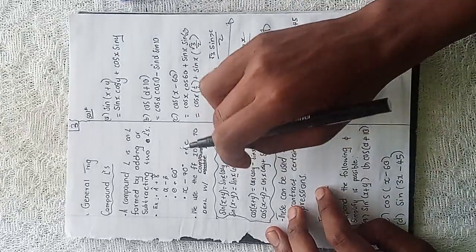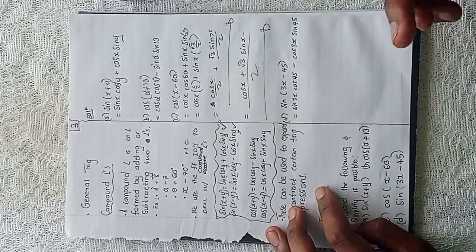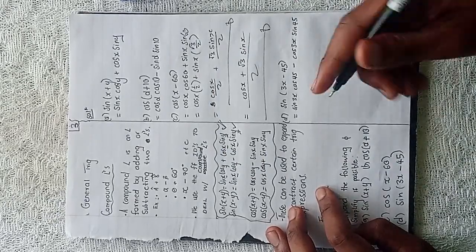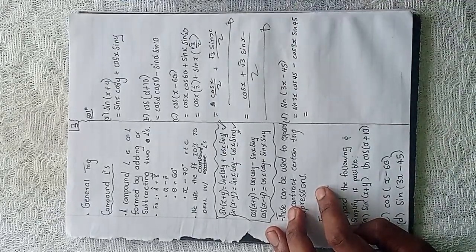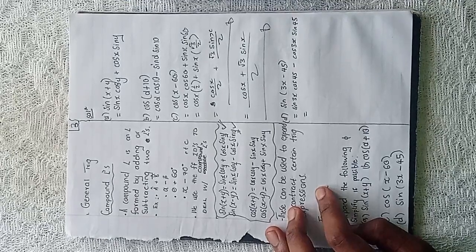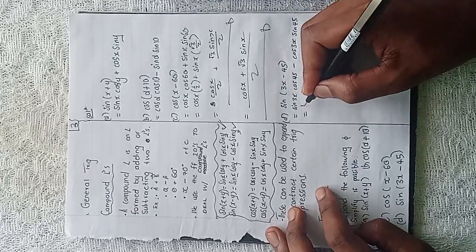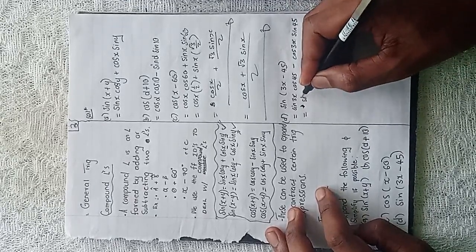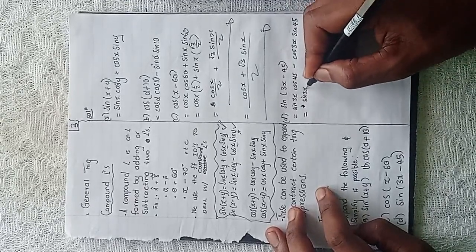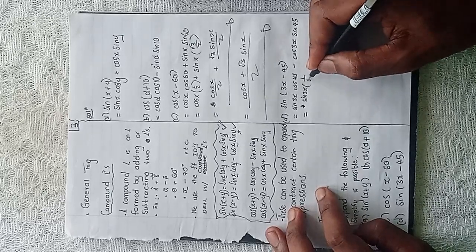I'm using these formulas, it's just that I know them by heart, so it's easy if you know them by heart. Cos 45 degrees is 1 over root 2, so sine 3x times 1 all over root 2.